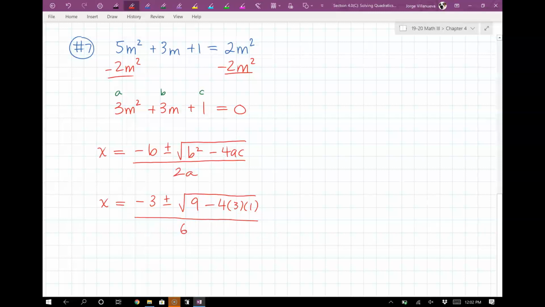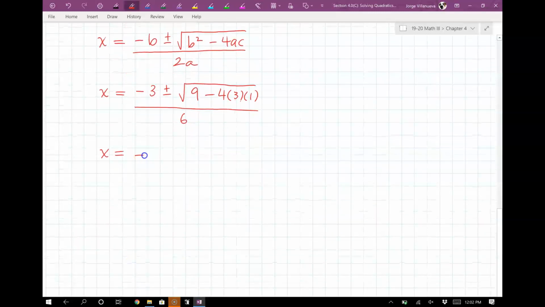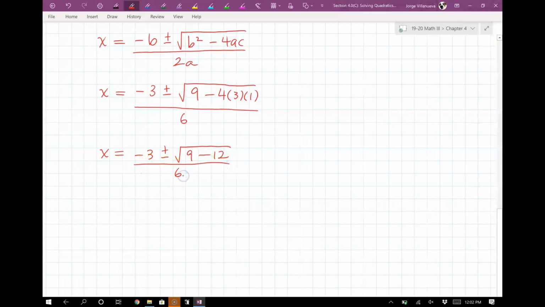Now simplify the inside. So we get x equal to negative 3 plus or minus the square root of 9 minus 12 over 6. Well, 9 minus 12 is negative 3. So x is equal to negative 3 plus or minus the square root of negative 3 over 6.